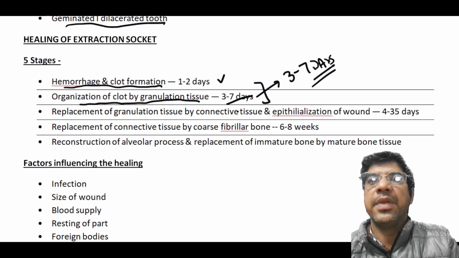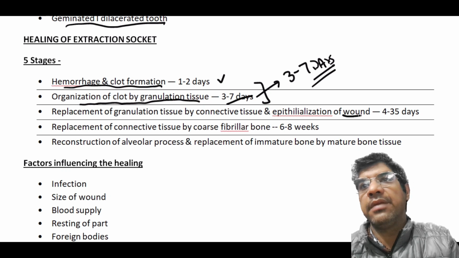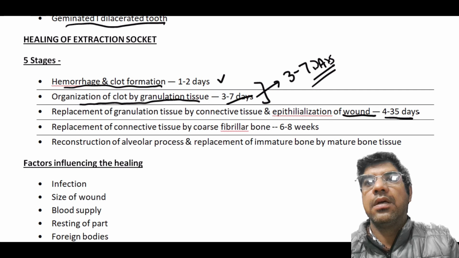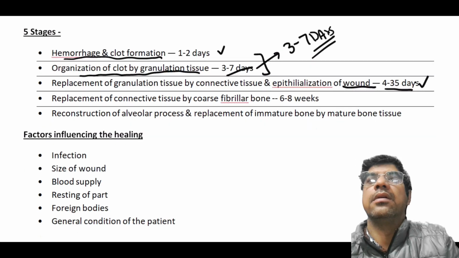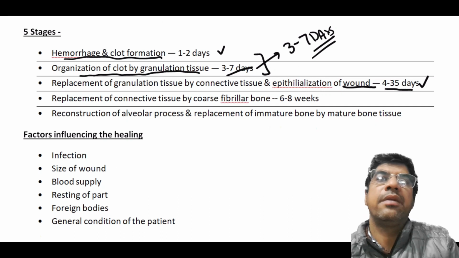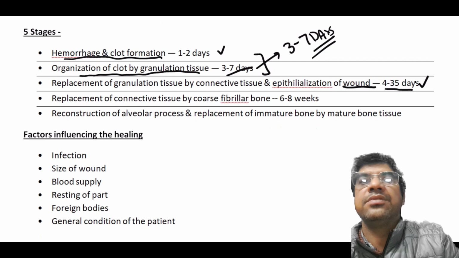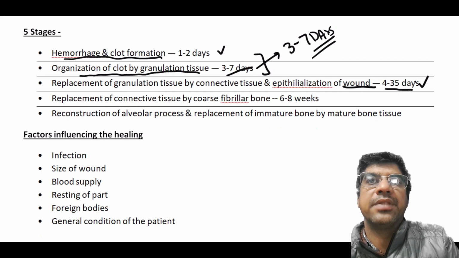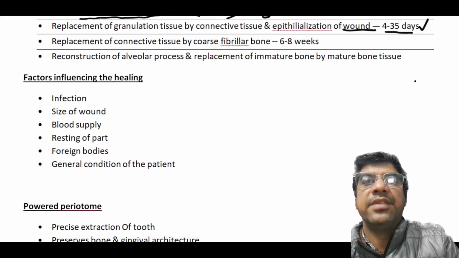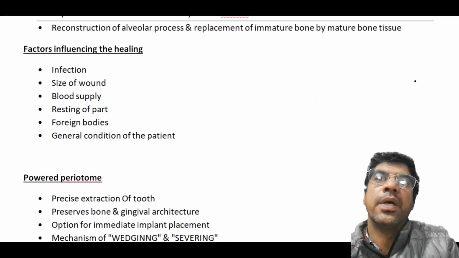Then there is replacement of granulation tissue by the connective tissue with the epithelialization of the wound. It occurs in 4 to 35 days, and then there is replacement of connective tissue by coarse fibrillar bone, and the last is reconstruction of the alveolar process, and there is replacement of the immature bone by the mature bone tissue.